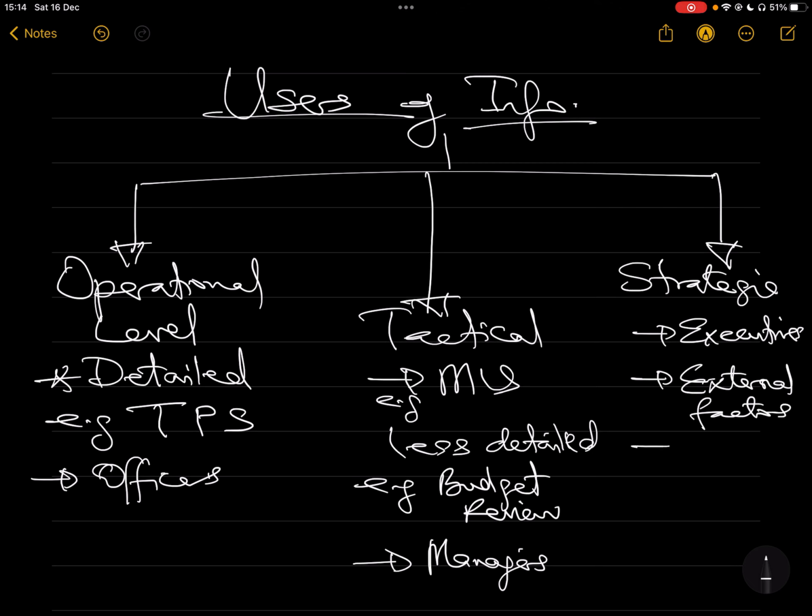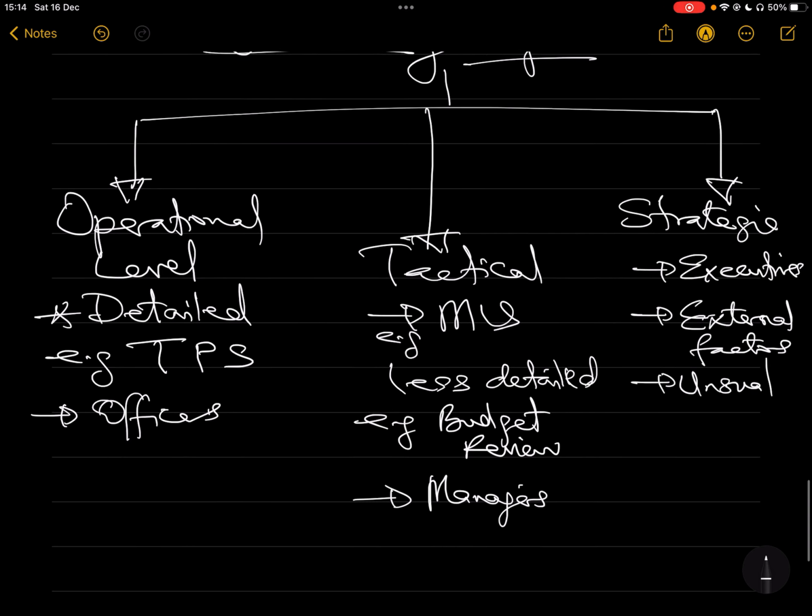So this is done very infrequently. It's not all the time you see this kind of information flying around. Maybe once a year or so you see it being used. So it's at a very high level, and this one doesn't have any detail at all. It's just very strategic, very concise. And an example is your executive information system, which we call the EIS.